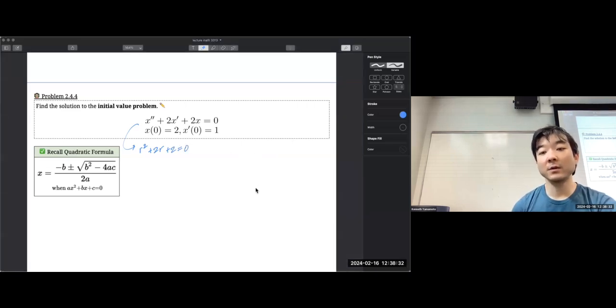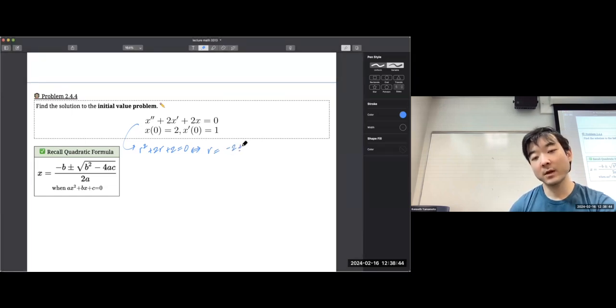You're going to just use the quadratic formula, probably, because it's going to be imaginary roots. So you're going to have r equal to negative 2 plus or minus the square root of 4, because 2 squared, minus 4 times 1 times 2, all over 2.